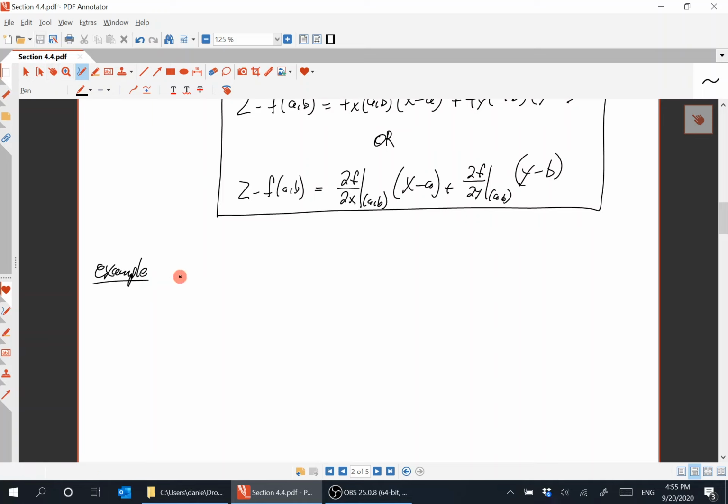So here's a function, f(x,y) equal to the square root of 20 minus x squared minus 7y squared.